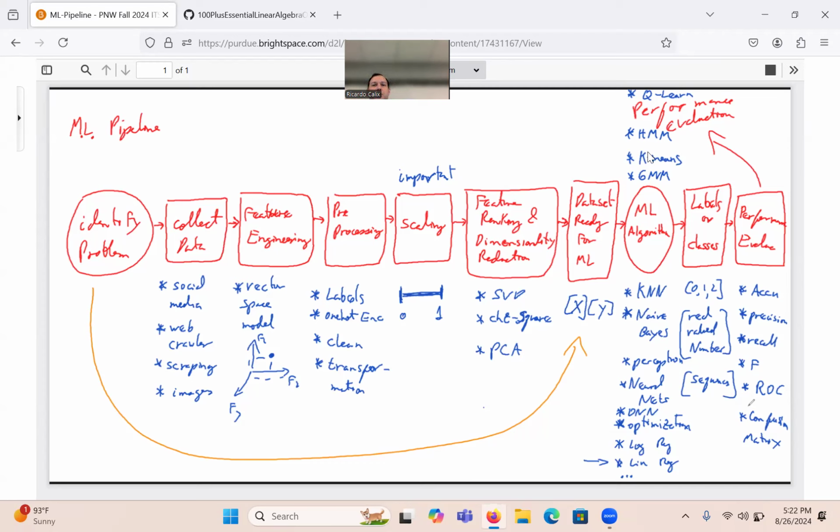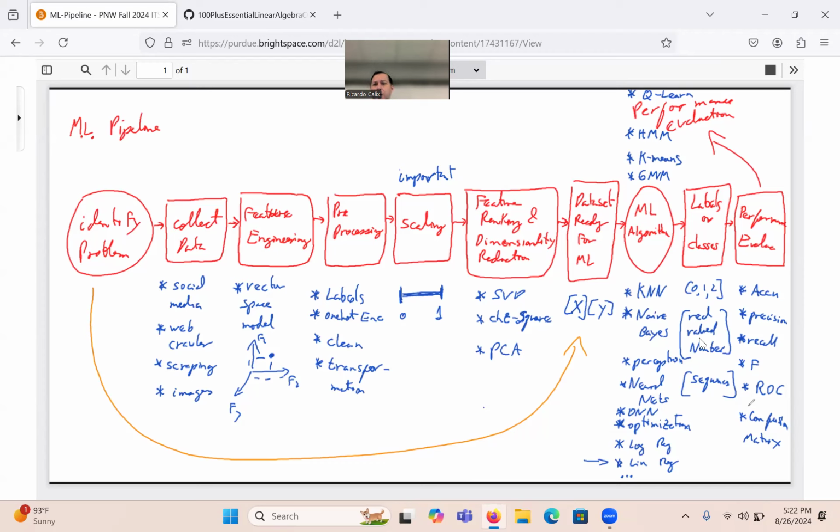Like I said, most of our focus will be on neural networks. So I'll skip the perceptron, but we'll start with linear regression all the way up to transformers this semester. There are other machine learning algorithms that you may have heard of, such as naive Bayes, KNN, and such. Those are covered in our undergrad class 365, but I won't be covering them in 520.